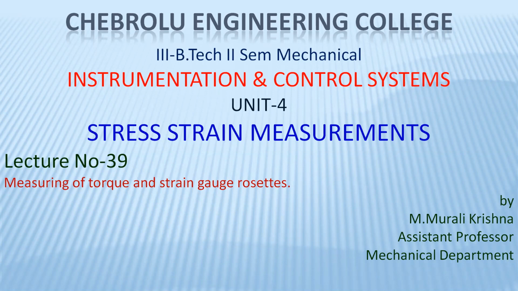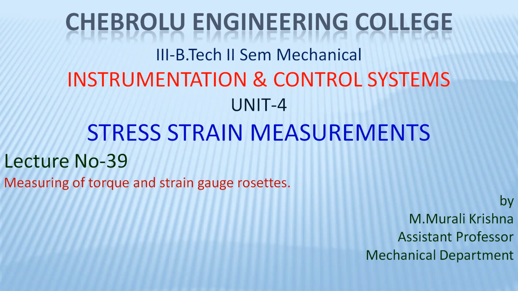In this also, we can calculate the torque by using the strain gauge measuring instrument. With the strain gauge, we can calculate the torque and the different forces acting on the object.